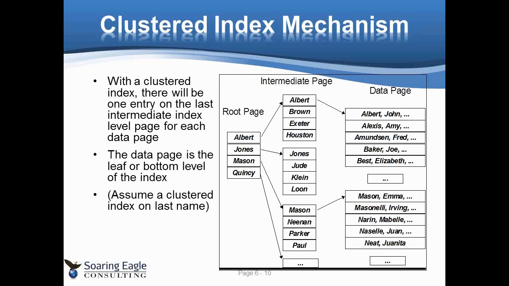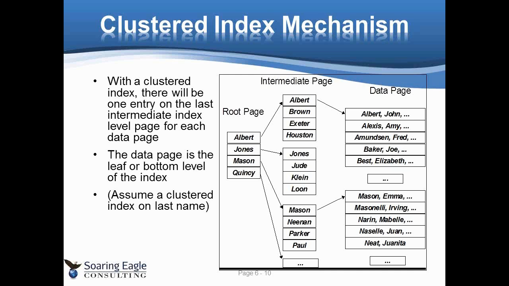All index structures in SQL Server, with the exception of the full text index, which is out of scope, are B-tree type structures. What that means is that we are going to start with the data page. From the data page, we build an intermediate page. The intermediate pages have pointers to them from either additional intermediate pages, depending on how many we've got, or a root.